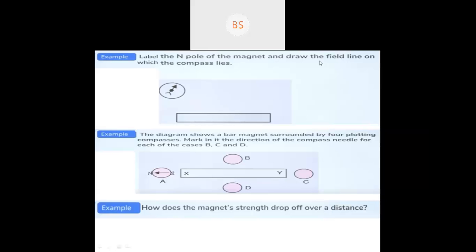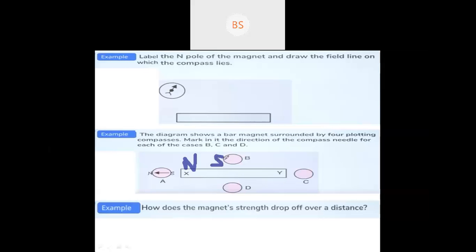Obviously if south is here, it means X should be the north pole, correct? X should be the north pole if this is south. So the north pole is this, which means if the line moves this way, the south pole of this compass should be here, this should be south, correct?